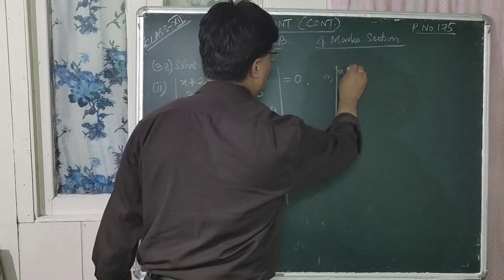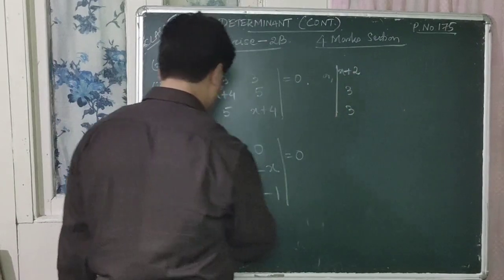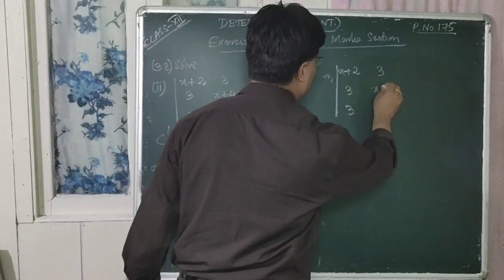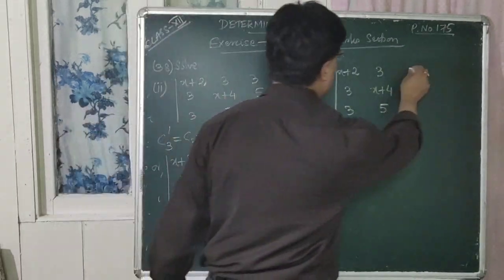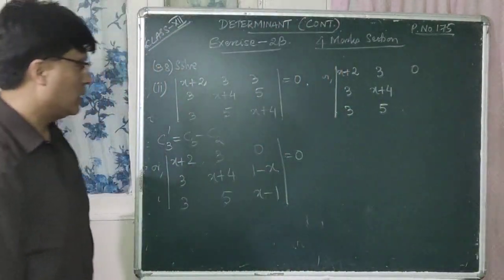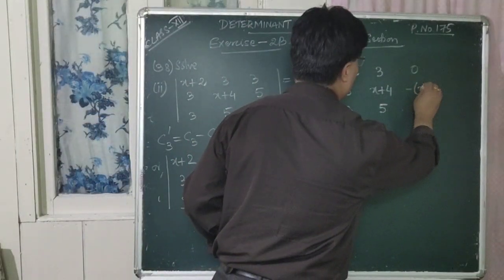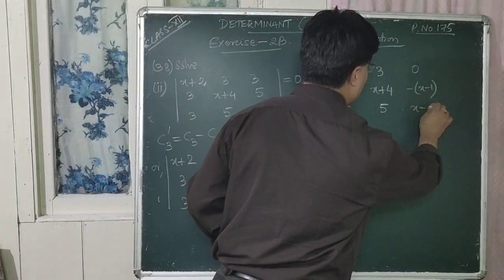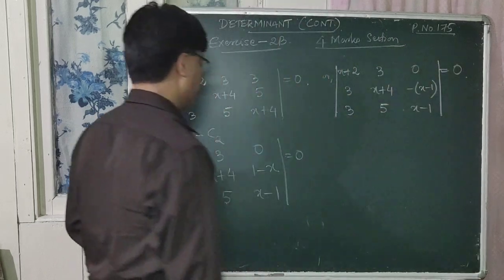First column x plus 2, 3, 3, second column 3, x plus 4, 5, then third column is 0. Now here minus is taken common, so minus taken common within bracket x minus 1, then x minus 1 remains same, which is equal to 0. Okay.